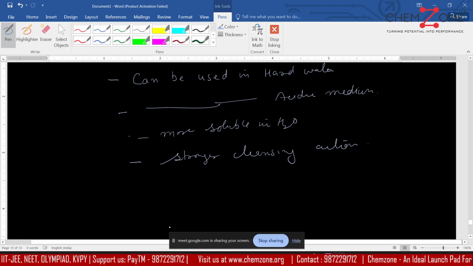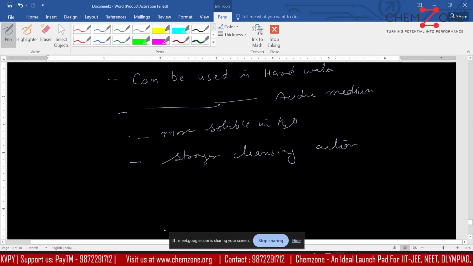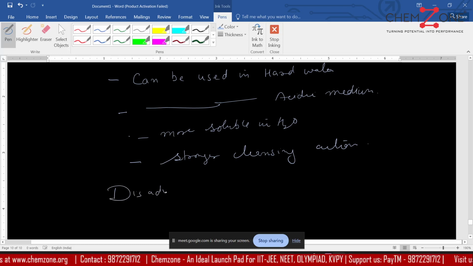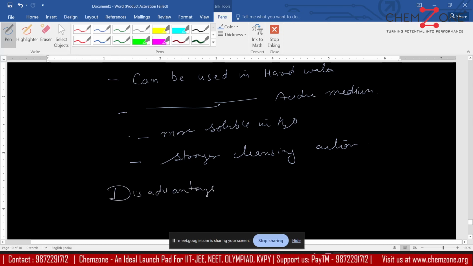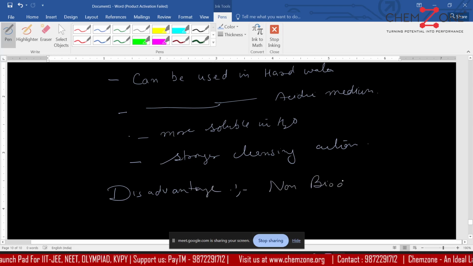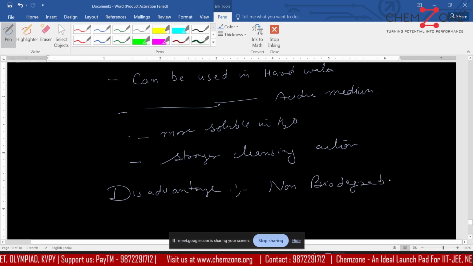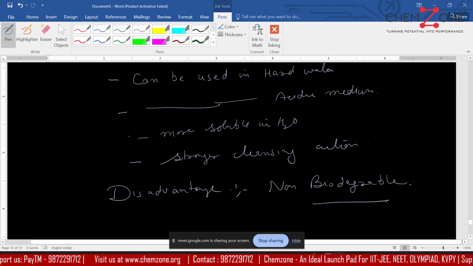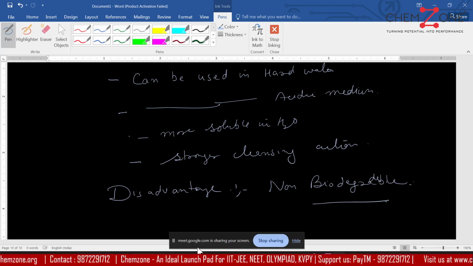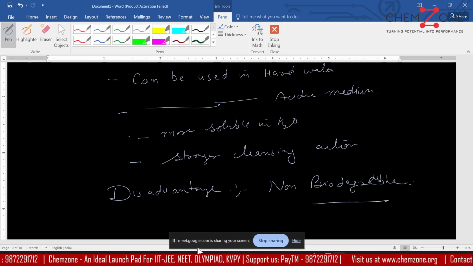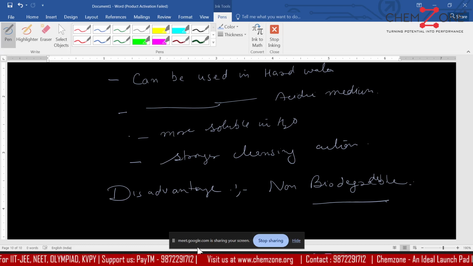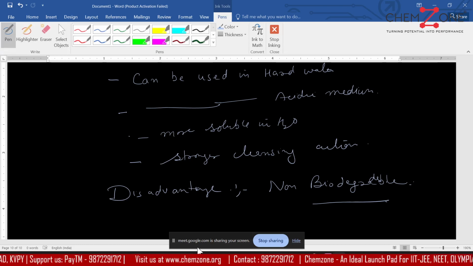But there is a disadvantage also. The disadvantage of detergent is that it is non-biodegradable. It means if it goes into water, rivers or lakes, it pollutes the water and the microorganisms cannot break it down.